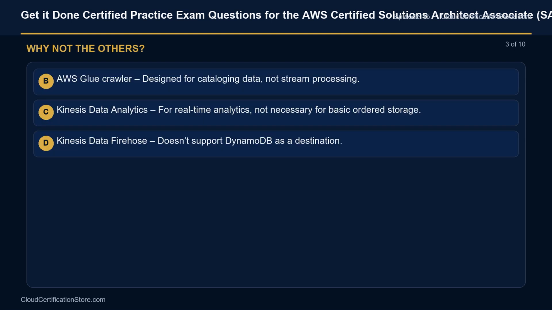Why not option B? AWS Glue crawler is designed for cataloging data, not stream processing. Why not option C? Kinesis Data Analytics is for real-time analytics, not necessary for basic ordered storage. Why not option D? Kinesis Data Firehose doesn't support DynamoDB as a destination.